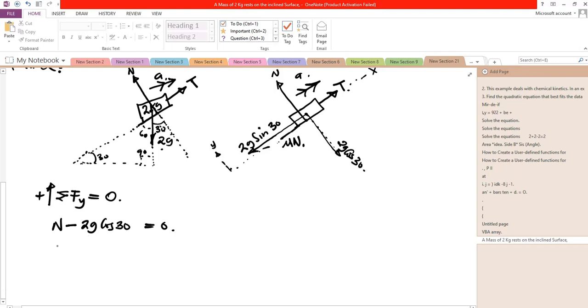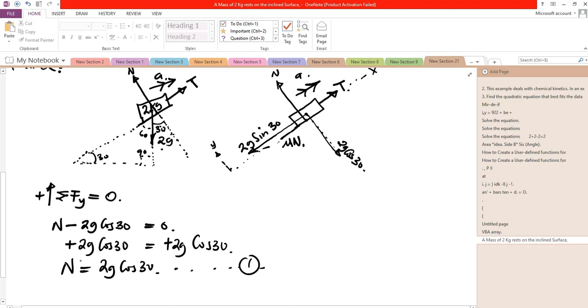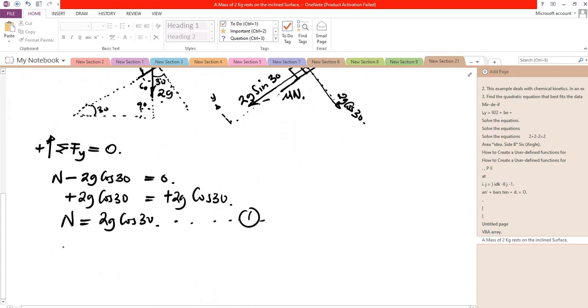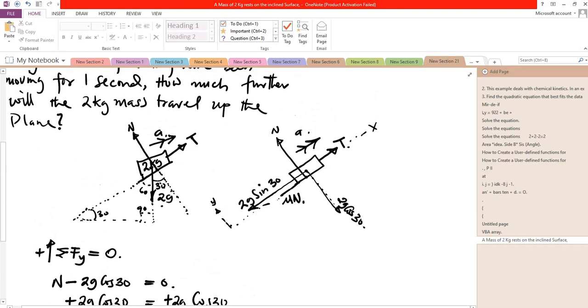So isolating N, you just add 2g cos 30 to both sides of the equation. You have N is equal to 2g cos 30. This is equation 1.